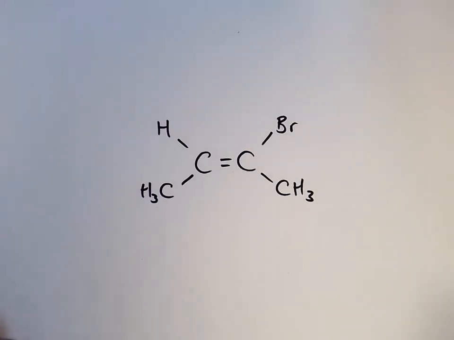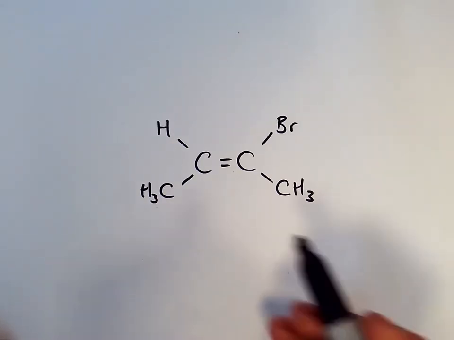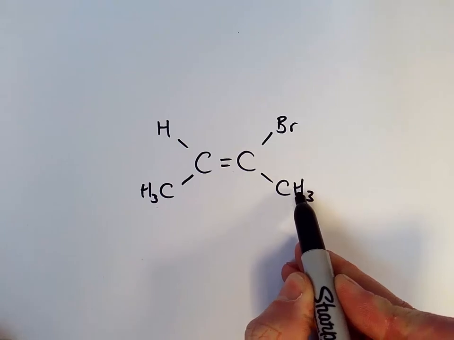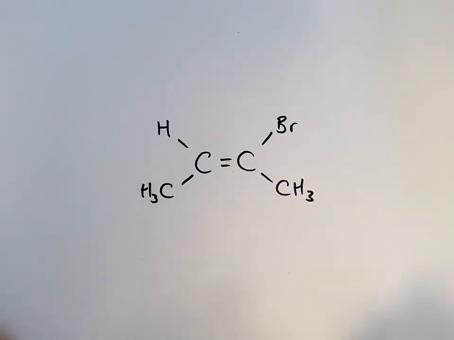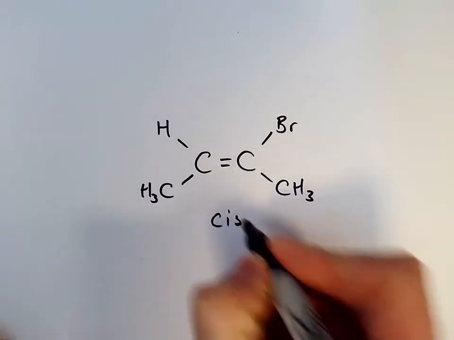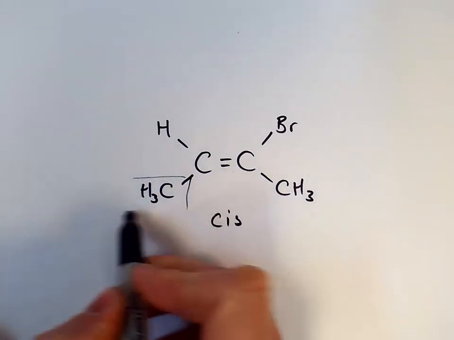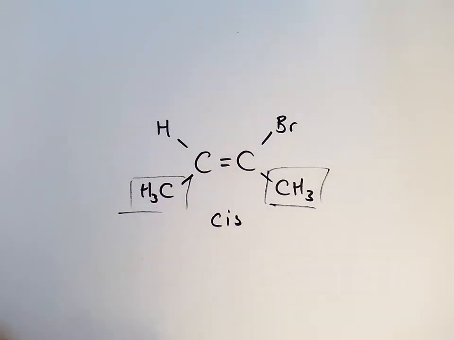Unfortunately, things aren't always quite as simple as that. If we have a look at this molecule here, we see that whilst we've got two methyl groups here, and therefore this would be a cis isomer, if we start trying to apply EZ nomenclature to this, we come across some problems.